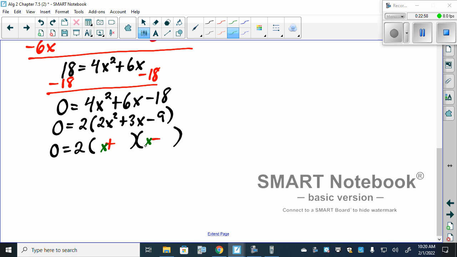Now the factors of 9 are 1 and 9, or 3 and 3. Now if we check this here, 2x times negative 3 would be negative 6x. 3 times x is going to be plus 3x, which would give us a negative 3x.